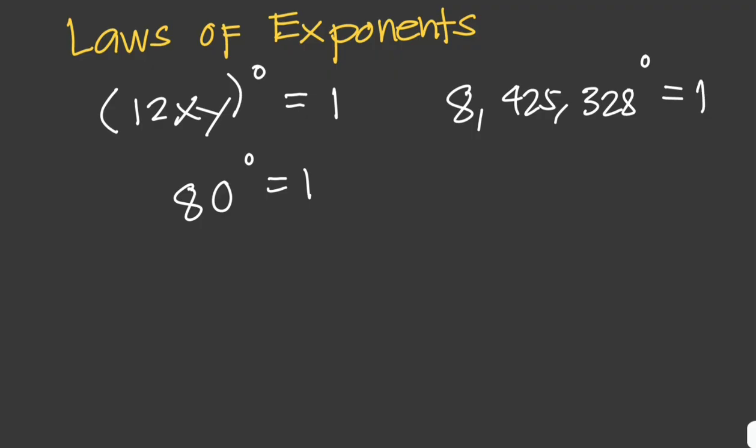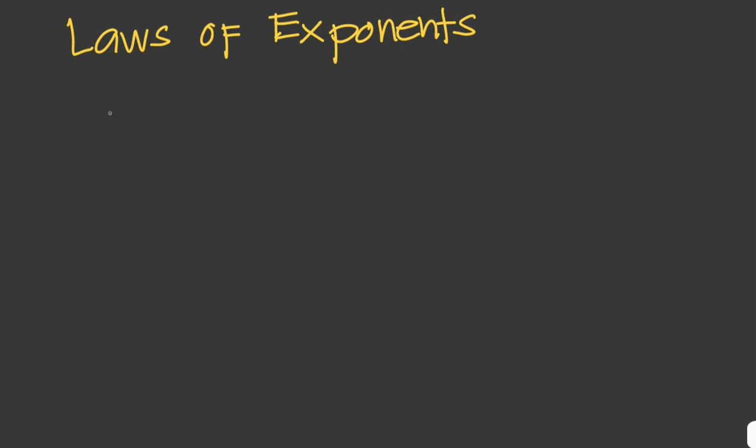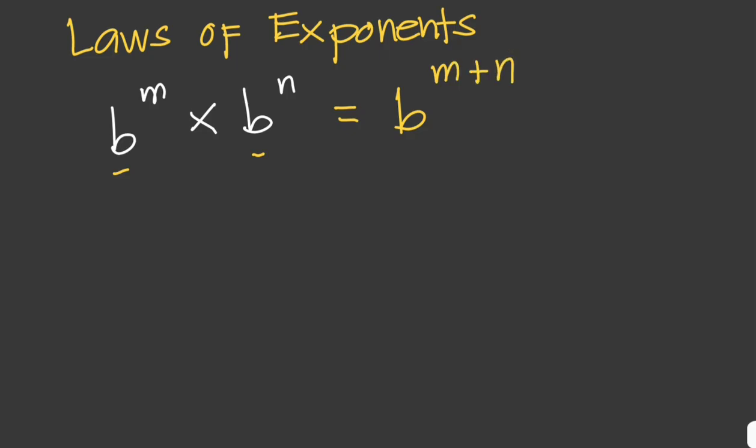And when multiplying identical bases, we keep the same base and add the exponents. Let's say we have b raised to the power of m times b raised to the power of n. So we have the same base here, which is b. Then we just have to add the exponents. So this is equivalent to b to the power of m plus n.